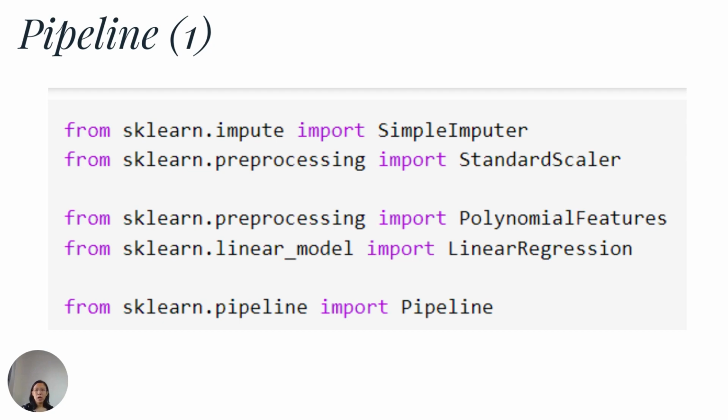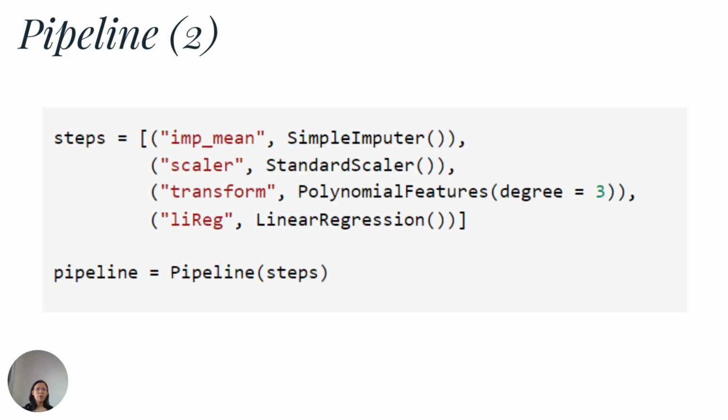After importing all these libraries, we will define the steps. The steps for the pipeline are created by calling first SimpleImputer, StandardScaler, PolynomialFeatures, and LinearRegression. Then we use a Pipeline object.